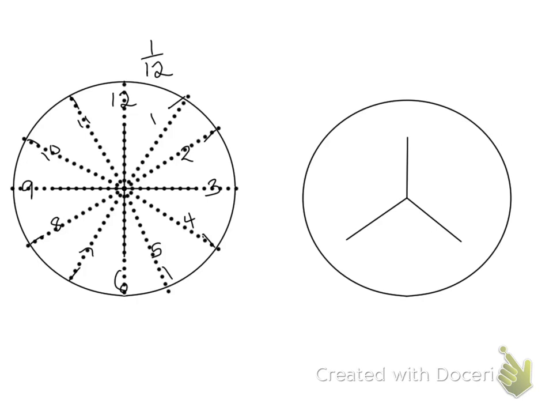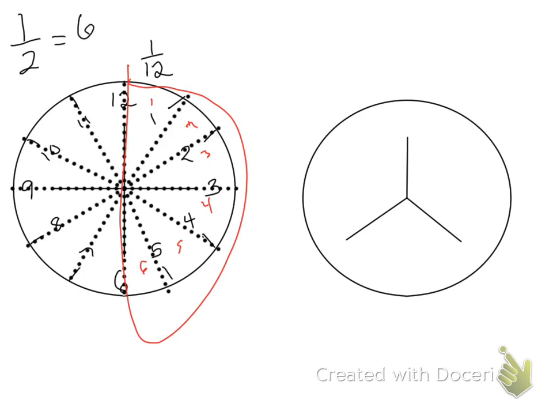How many 12ths are equivalent to 1/2? If I wanted to show half of my circle, we can see that there are 1, 2, 3, 4, 5, 6 pieces. So 1/2 is the same as 6/12.